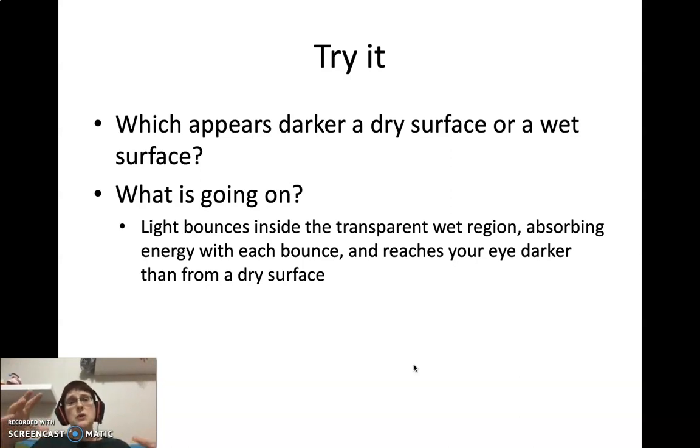So it's going to turn it from that light energy that's going to get reflected back into one of those other forms like infrared energy. And so since it's absorbing that energy, there's less of it to be actually reflected back to your eye from that wet surface. And so that's why wet objects look darker to us, because there's literally not as much light to be bounced back off of the object for us to see.